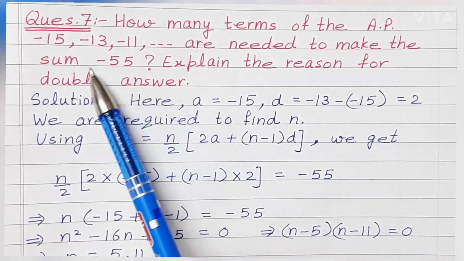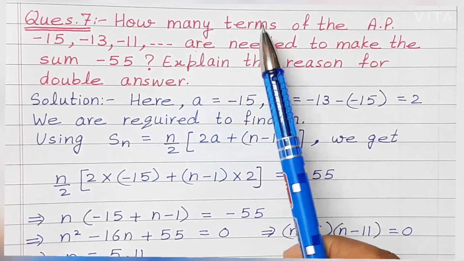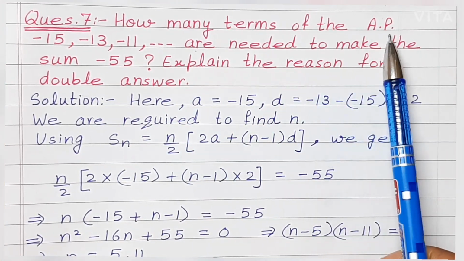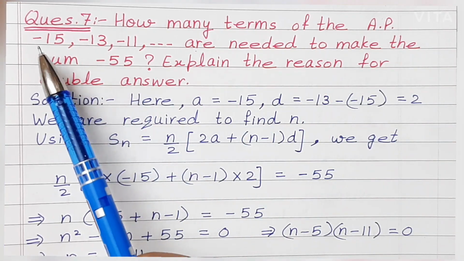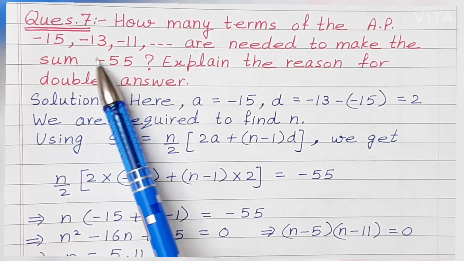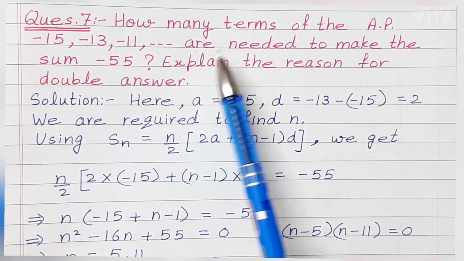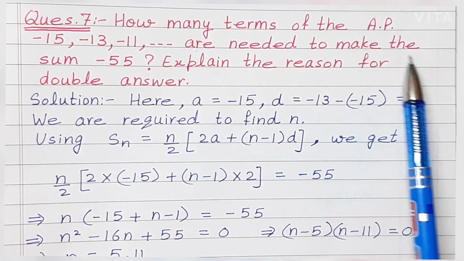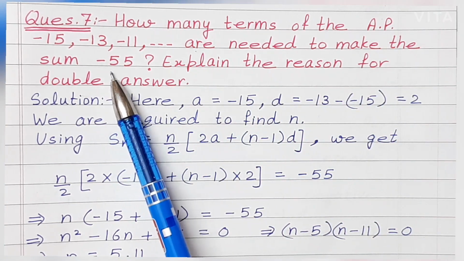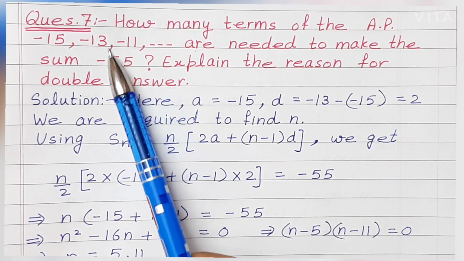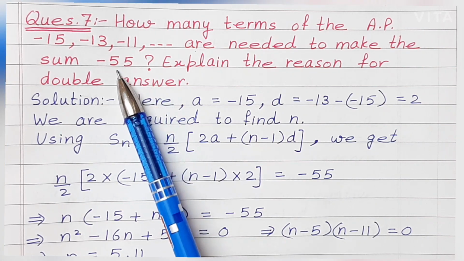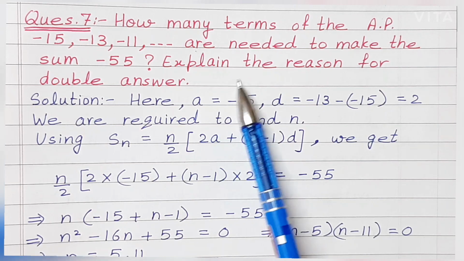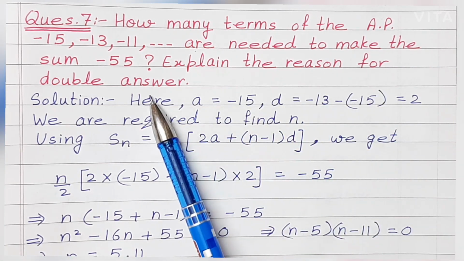Now the next example is: how many terms of the AP, that is minus 15, minus 13, minus 11, are needed to make the sum minus 55? So here the sum is given, that is minus 55. And then explain the reason for the double answer.